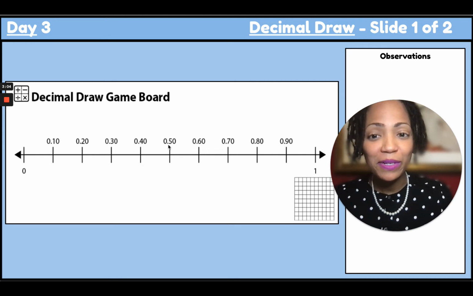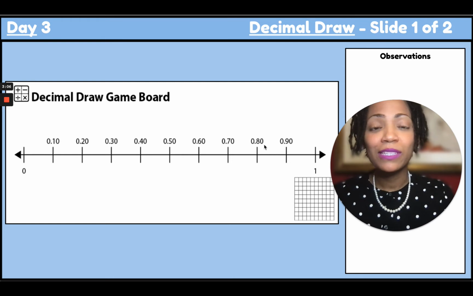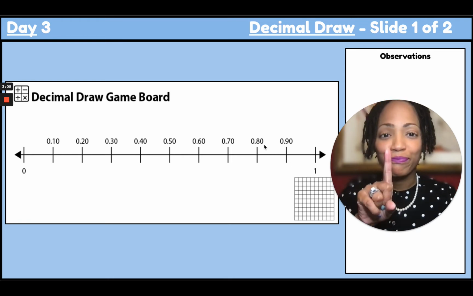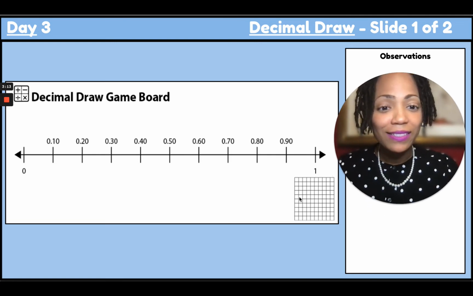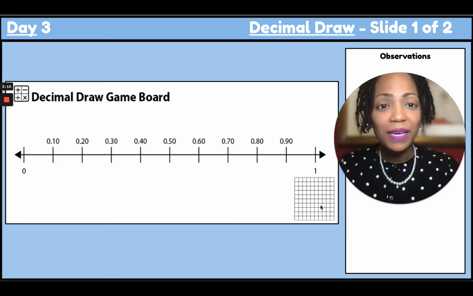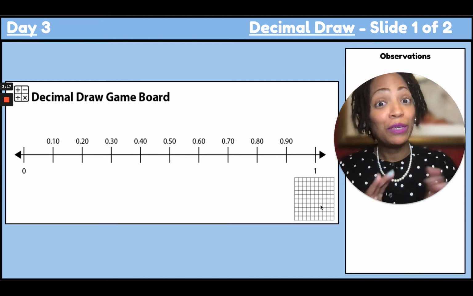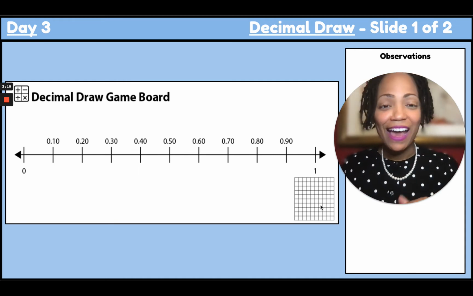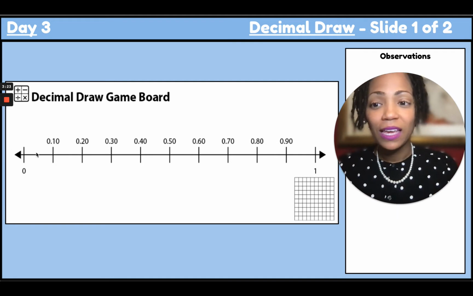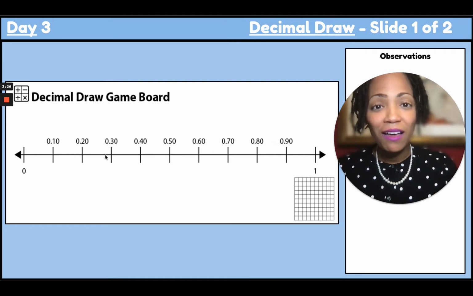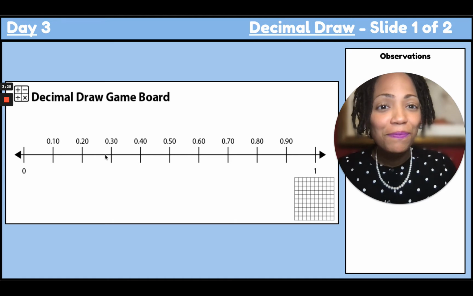So they're decimal numbers, which means all these numbers are smaller than 1. And you may now also notice there is this image here, because that's representing what we used to know back in the day as a hundreds block is now going to be our one whole. Okay? And it looks like we're going in increments of tenths.